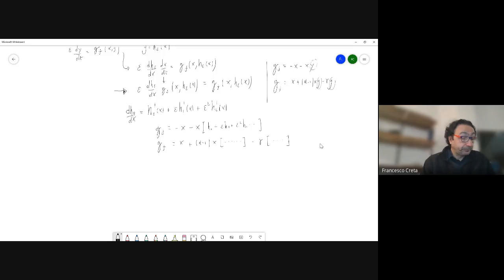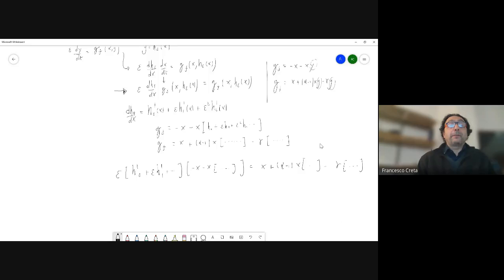Epsilon h0 prime plus epsilon h1 prime, etc. g of s is this thing here, minus x of this, and so on, equals g of f, which is, again, minus 1x minus gamma, of the series.